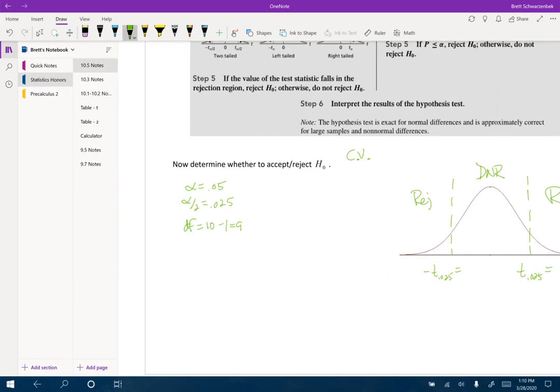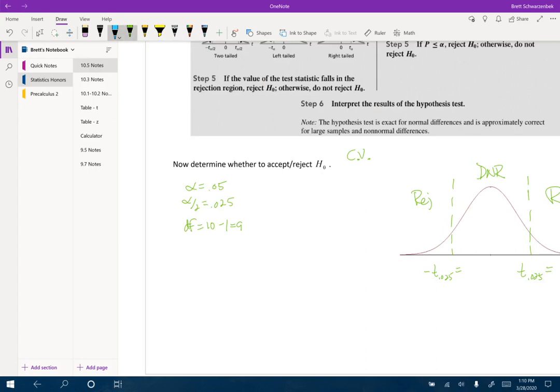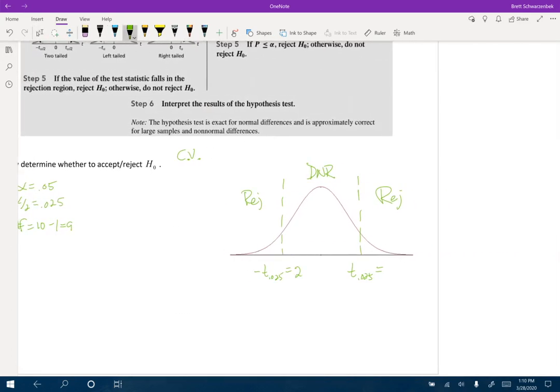So if we go to our t-table here, at 9 degrees of freedom, t 0.025 is going to give us 2.262. So we have negative 2.262 and positive 2.262. Okay, this looks a little funky, so I'm going to clear that up.